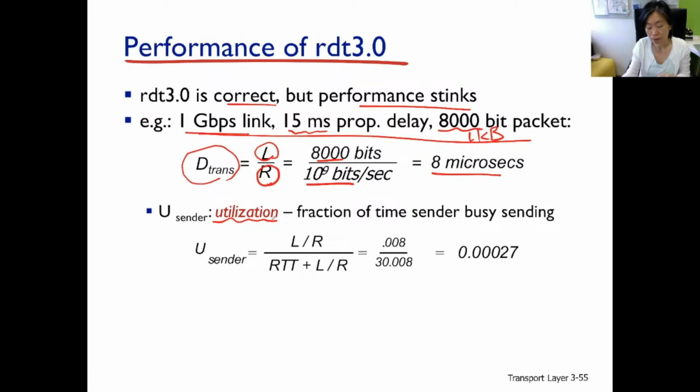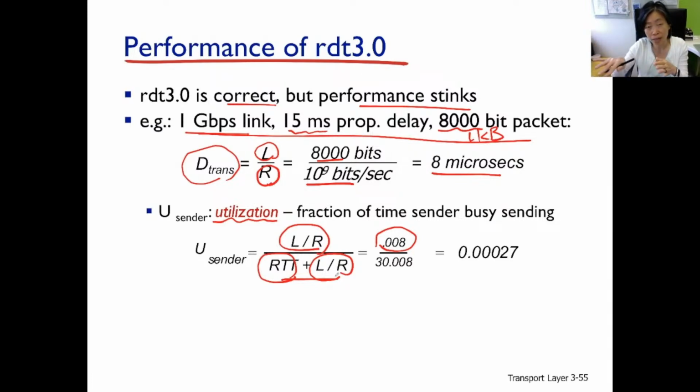And in each cycle, it uses this much amount of time to transmit actual bits, plus the round trip wait for the entire cycle. So this is 0.008 millisecond for sending the packet, and then waiting one way and the other way.